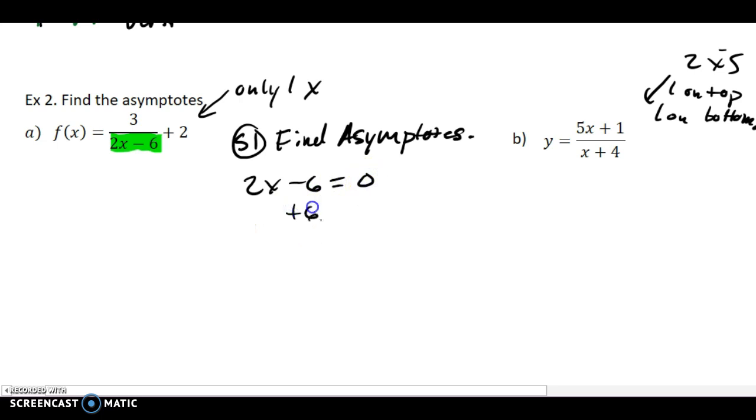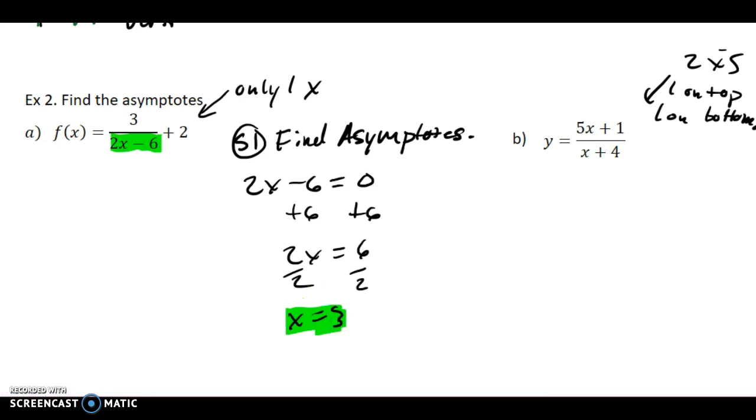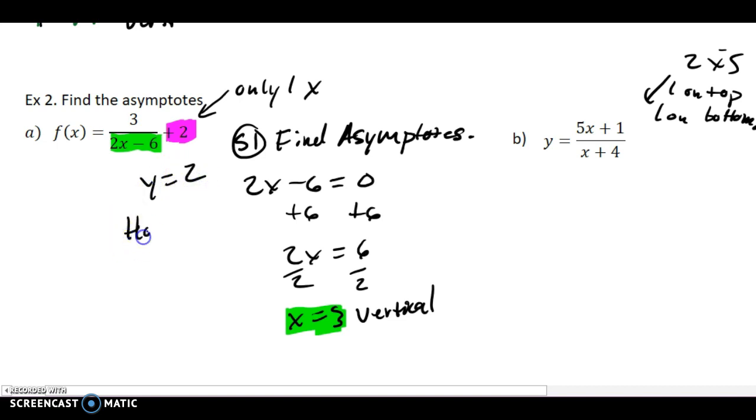We're going to add 6, so we get 2x equals 6. Divide by 2, we get x equals 3. Okay, and this is our vertical asymptote. Our horizontal asymptote is right here, y equals 2. And this is our horizontal.